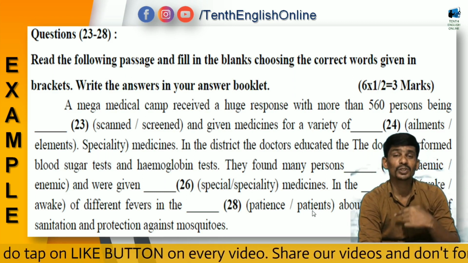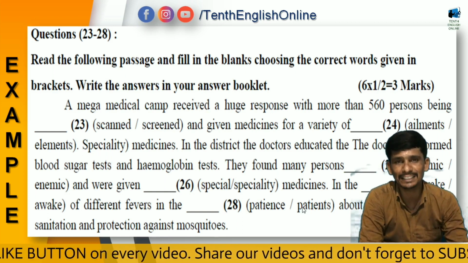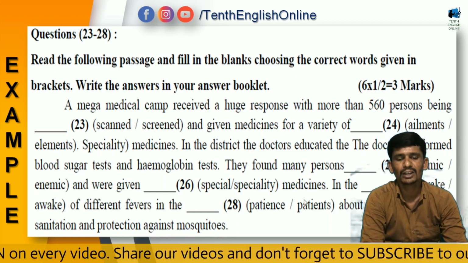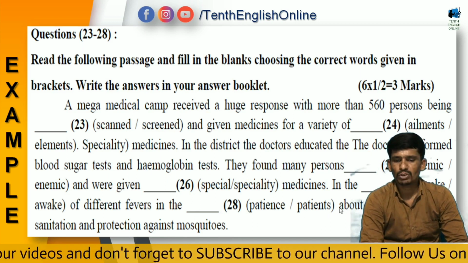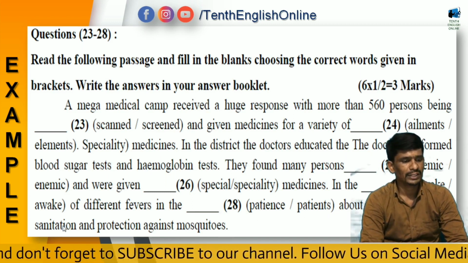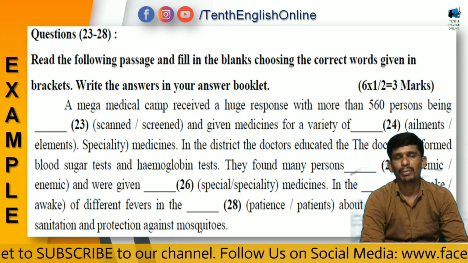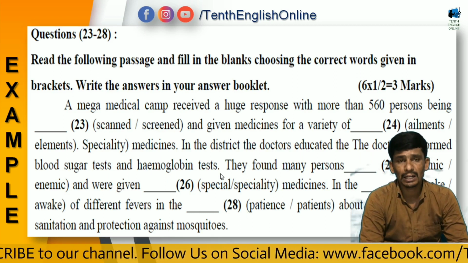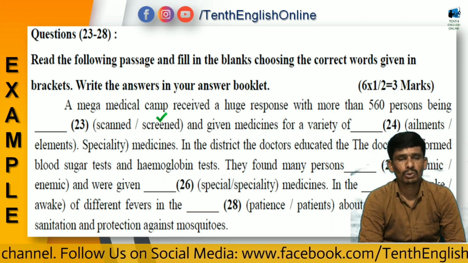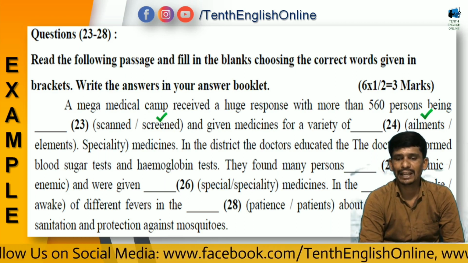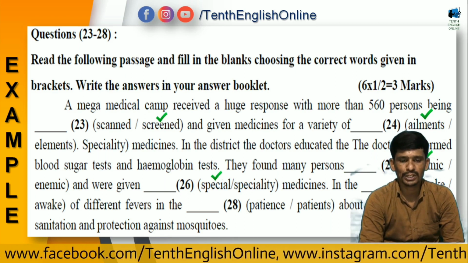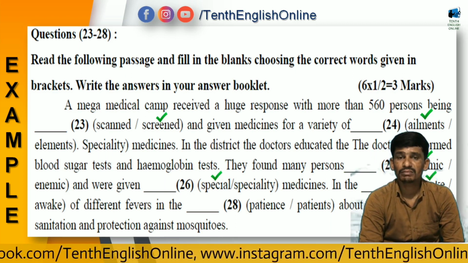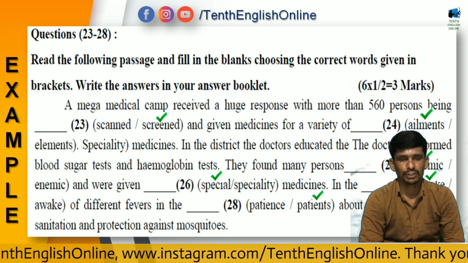The people who are suffering from different diseases are called patients. So the second is the correct answer. Different views in the patients about the importance of sanitation and protection against mosquitoes. Okay, let me reveal the answers for you. First one is screened, second one is ailments, third one is anemic, fourth one is special, and fifth one is wake. The last one is patients.